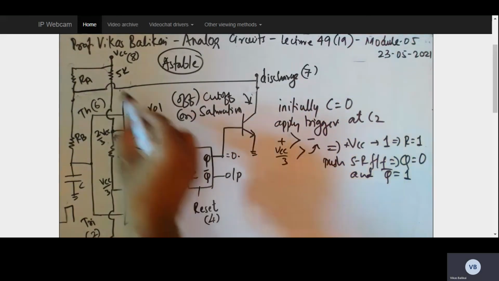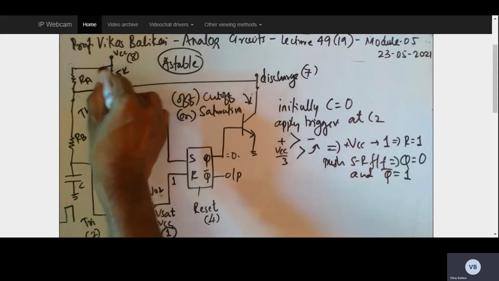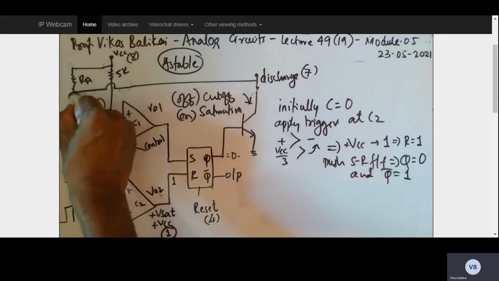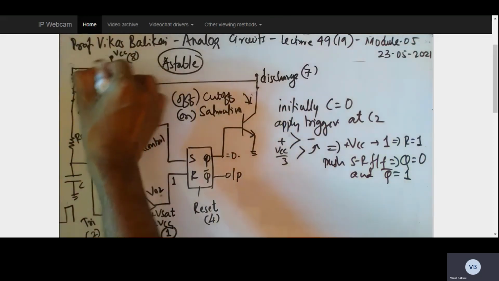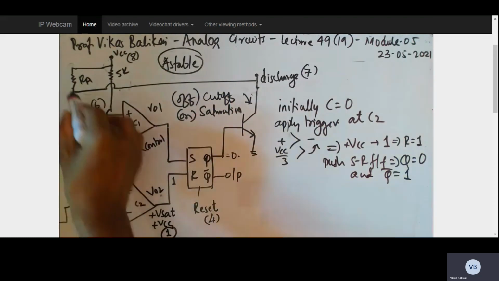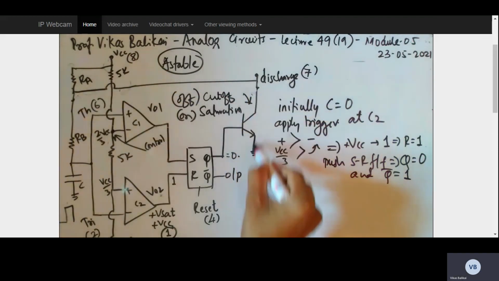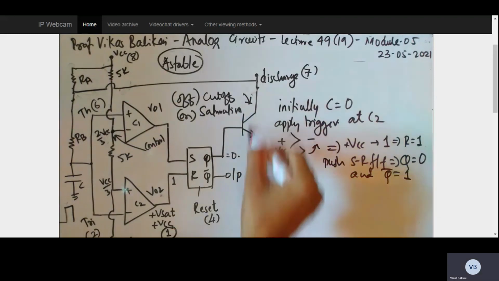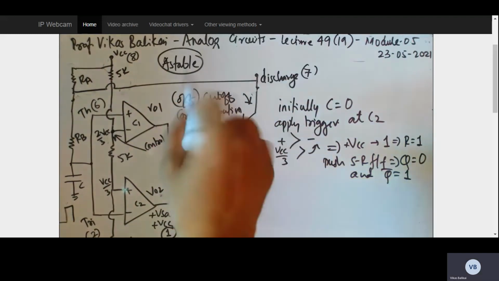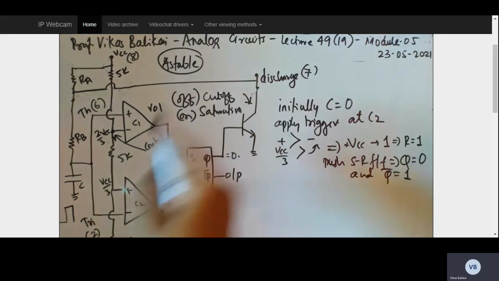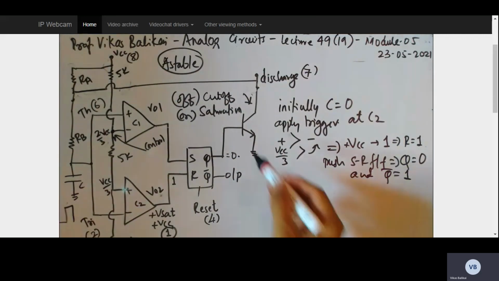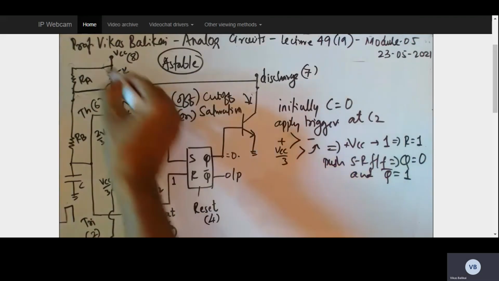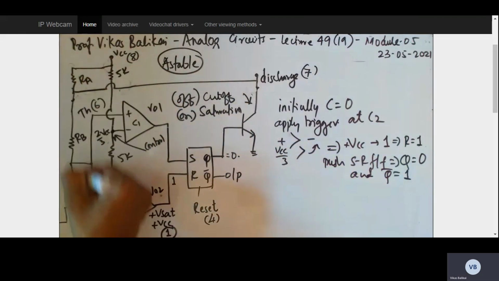As soon as this happens, the capacitor is going to charge from VCC through RA and RB. Earlier, what was happening? There was also a VCC applied to this capacitor, but Q had an initial value of 1, and now it has become 0. Because of that earlier value, this transistor was on, and as a result the entire VCC never charged my capacitor.